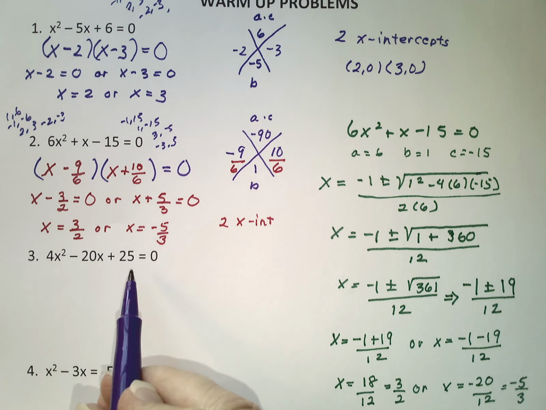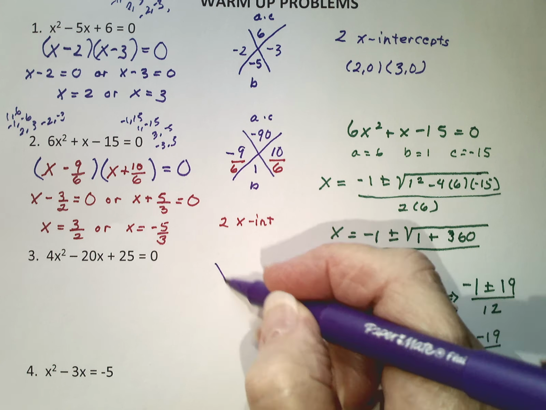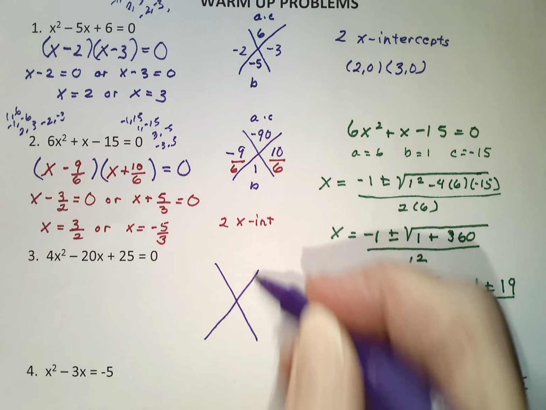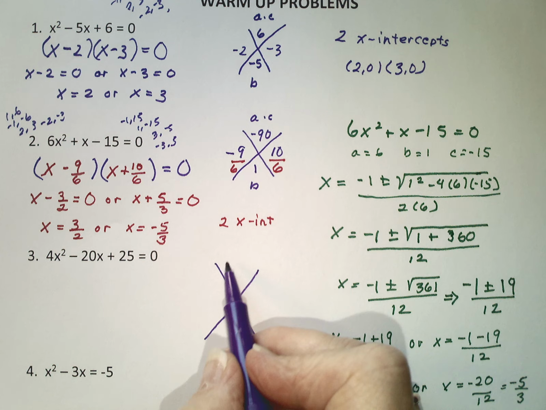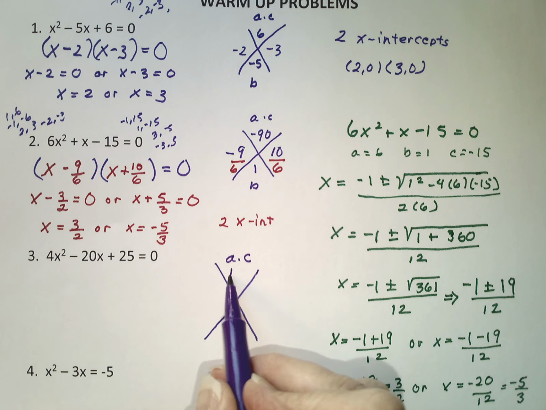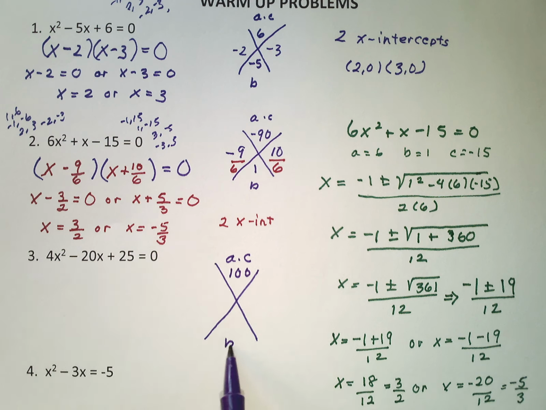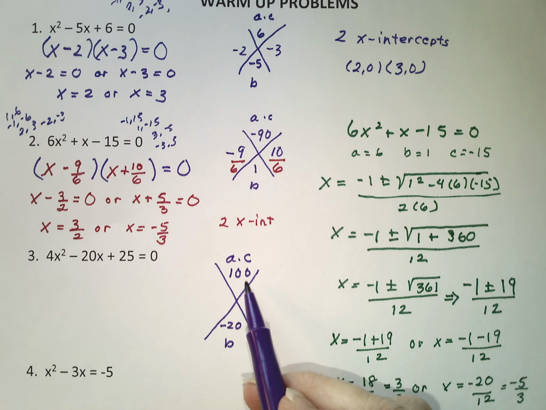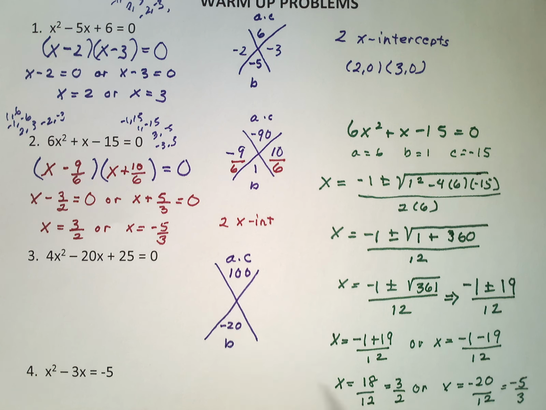By factoring. I'm going to go straight to the big X. A times C is going to be 4 times 25. B is negative 20. And we need two numbers that multiply out to 100 and add up to negative 20.